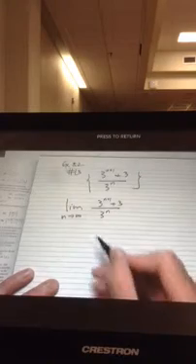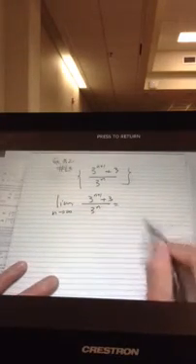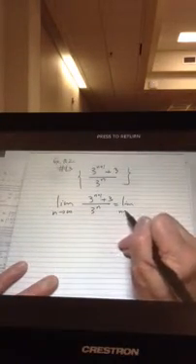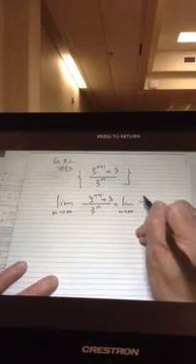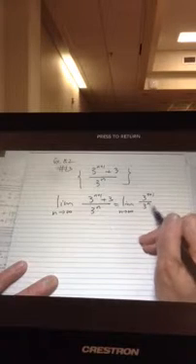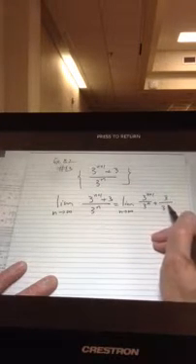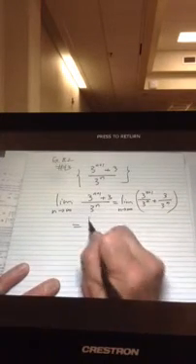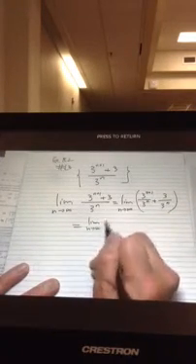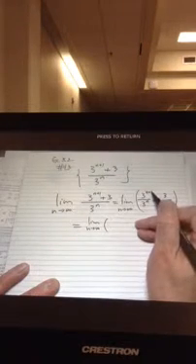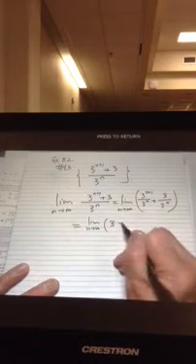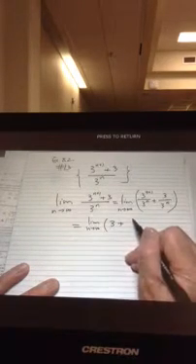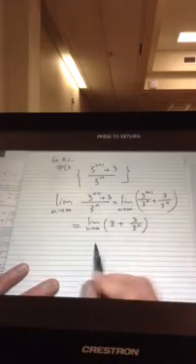I can use some algebra. This is the same as 3 to the n plus 1 over 3 to the n, plus 3 over 3 to the n. So the limit: 3 to the n cancels, so the first one is 3, and the second one is 3 over 3 to the n.